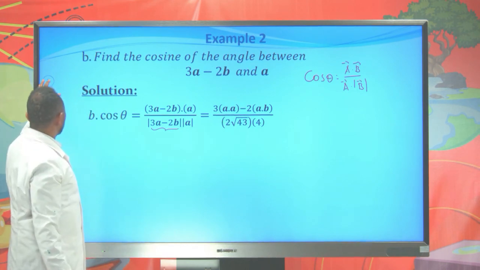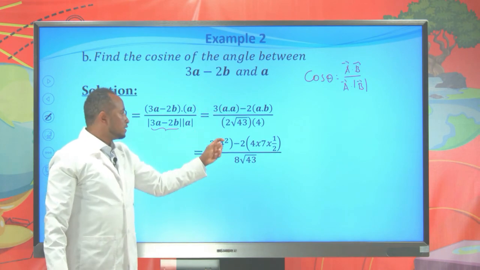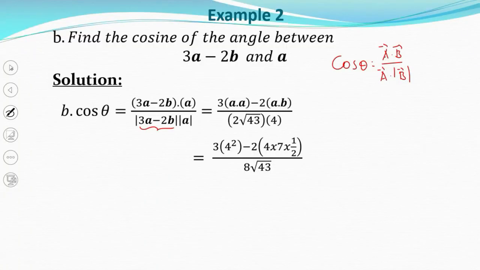Therefore this will be equal to 3 times a dot a, which is magnitude of a squared, 4 squared, minus twice a dot b, which means magnitude of a, 4, magnitude of b, 7, cosine of theta, which is pi over 3, cos pi over 3 is 1 over 2, divided by 8 root 43. When you compute this one, you get 5 root 43 over 86.